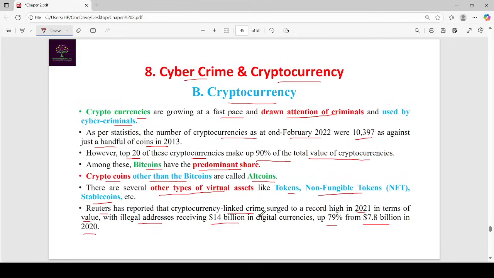These currencies attract money launderers, criminals or terrorists, and they become cyber criminals.